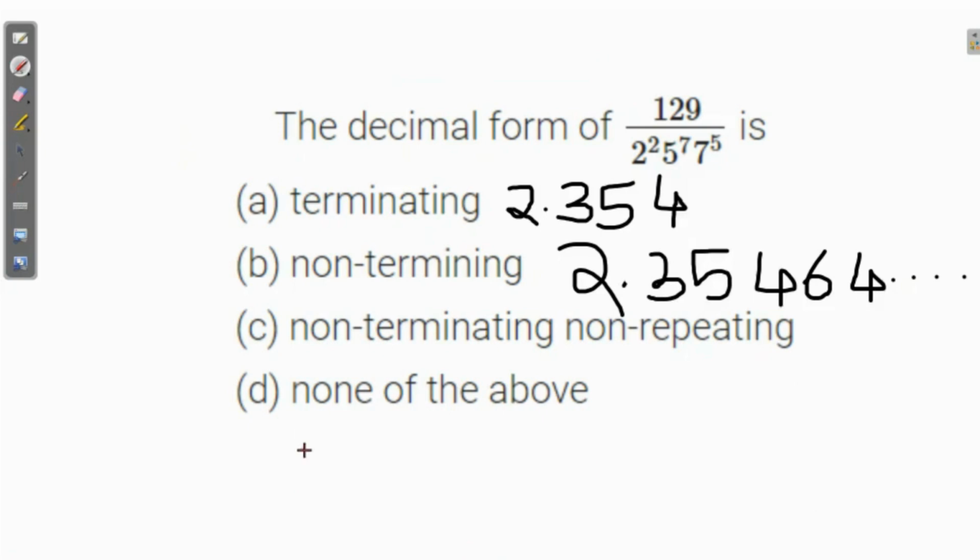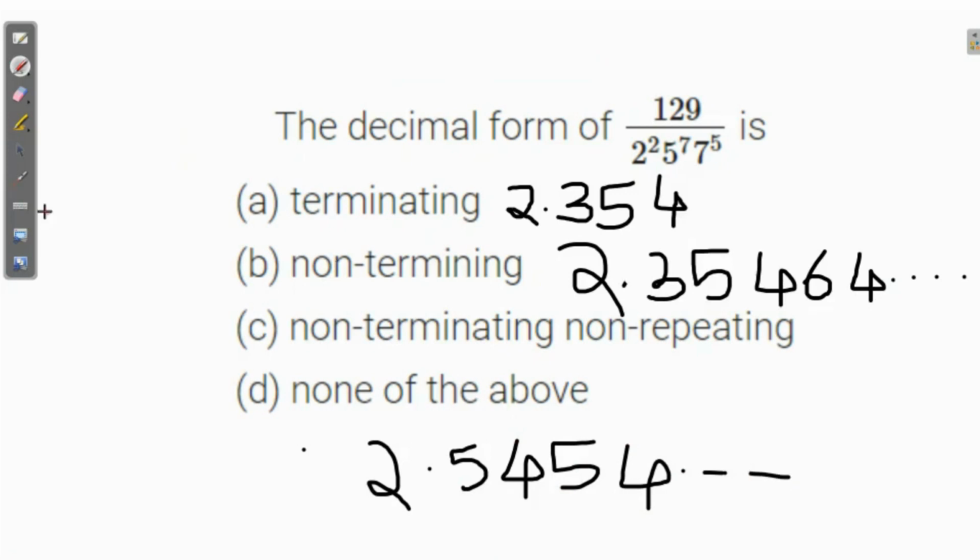Not repeating in the sense that each digit is different from the other digit. After 4, I'll get some 9, 1, 2, something like that. But if it is repeating, I'll get 2 point, say, 5, 4, and again 5, 4, and in the same way 5, 4, 5, 4, and so on.